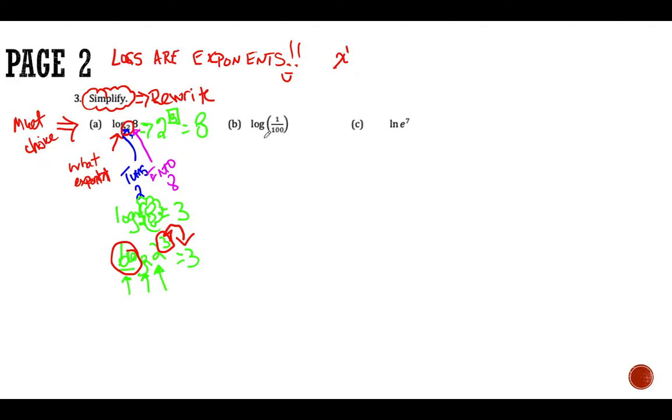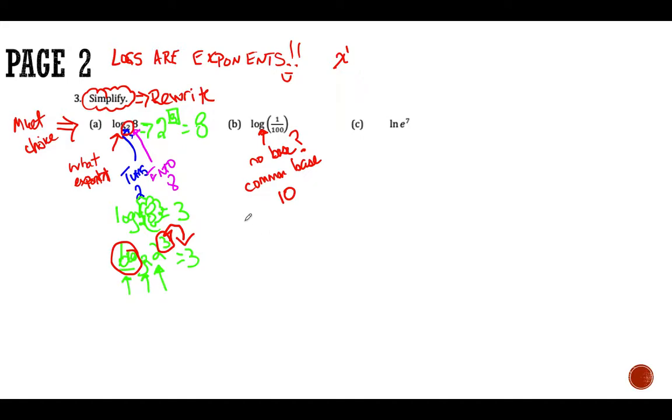If you do not see a base, it's because they're using the most common base, and the common base is how many fingers and toes do you have? Base 10. Much of our world is in base 10, right?